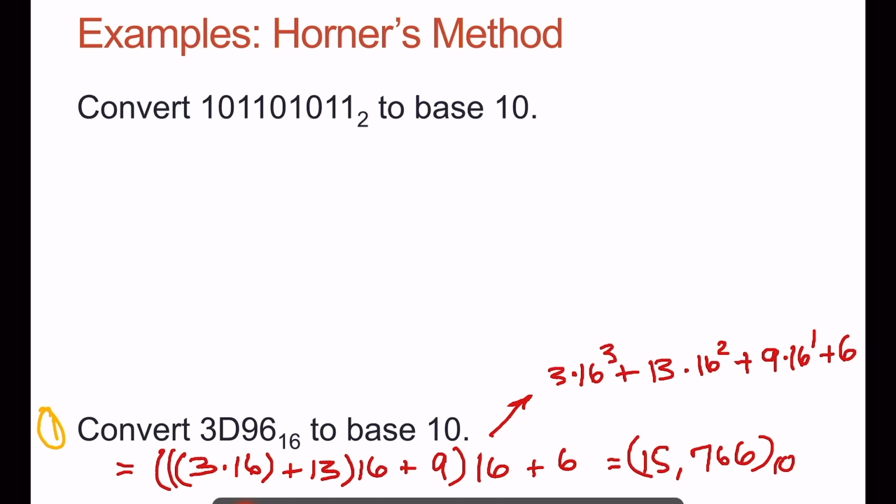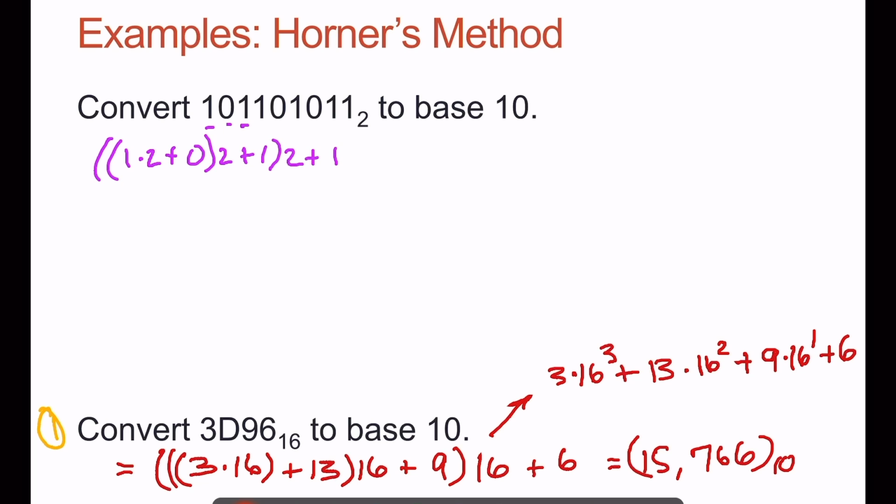Okay, we can write the same thing for the binary. I'm not going to do the whole thing because it gets really messy. But again, you would start with the most significant digit, multiply it by 2, add the next digit, multiply that by 2, add the next digit, multiply that by 2. It's hard to keep track of where you are.